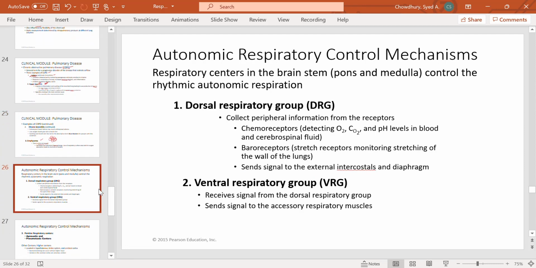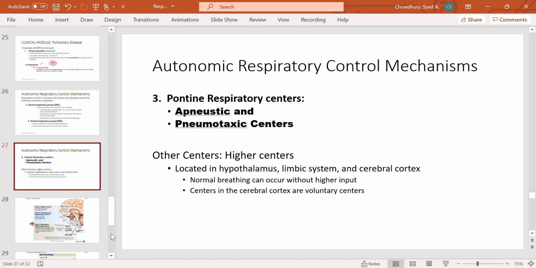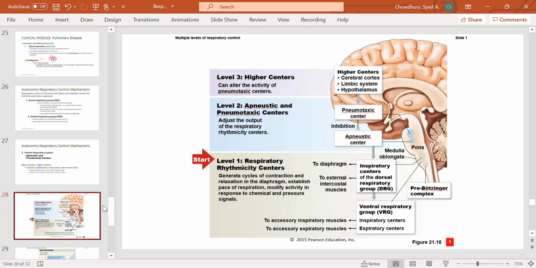Now the last thing is the regulation of respiration. I mentioned that in your brainstem, that means in the pons and medulla, you have the respiratory centers, right? So you see the medulla oblongata and pons, and these are the respiratory centers. Three centers are very important. Let me mention here.